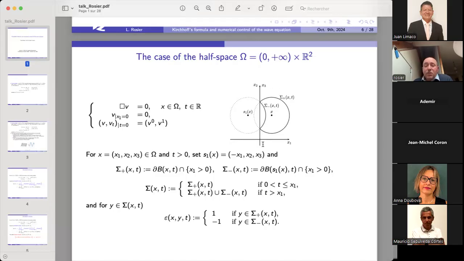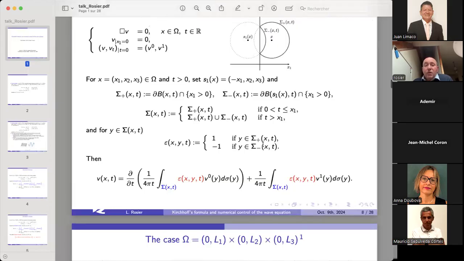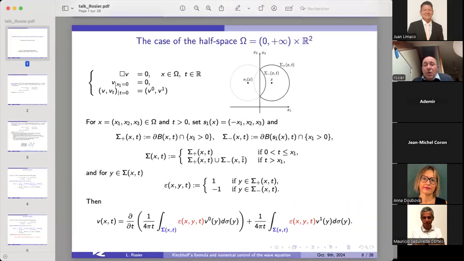So with this notation, we have the following Kirchhoff formula for the solution of the wave equation in the half space. We have a formula quite similar to the previous one. So we have two terms, two integrals. Now we don't compute the integral over the sphere, but over the wavefront.